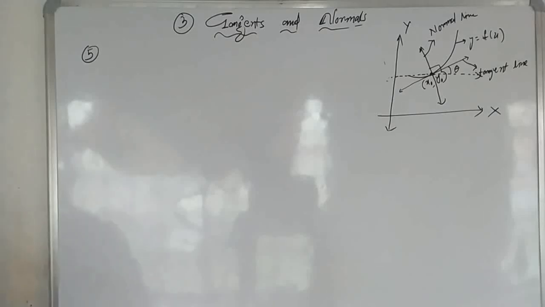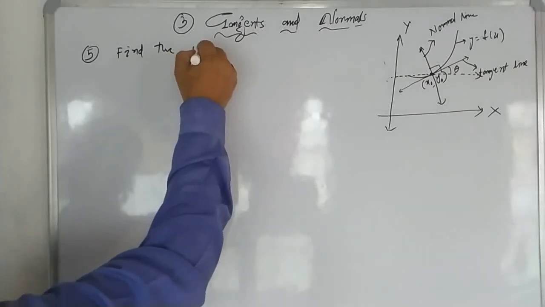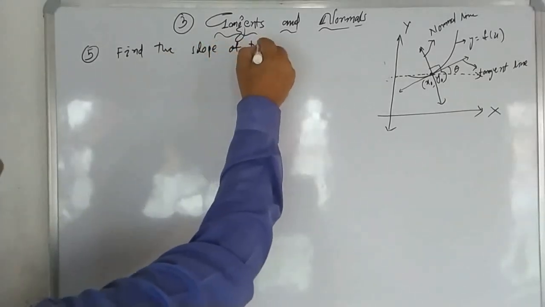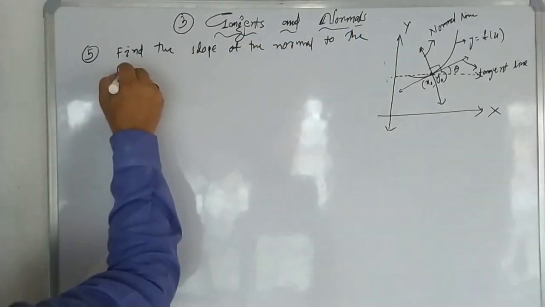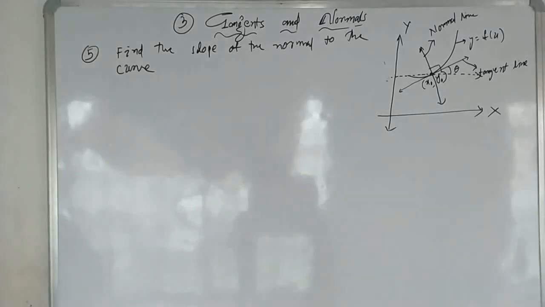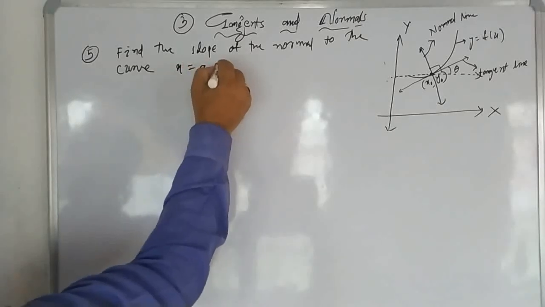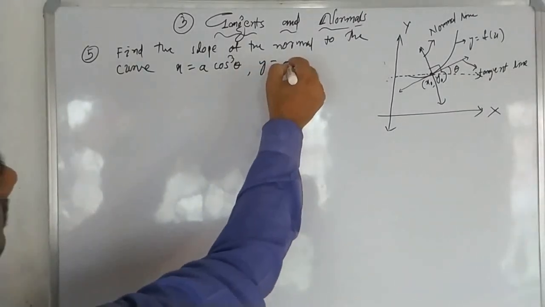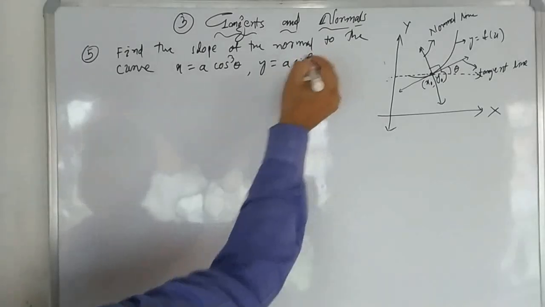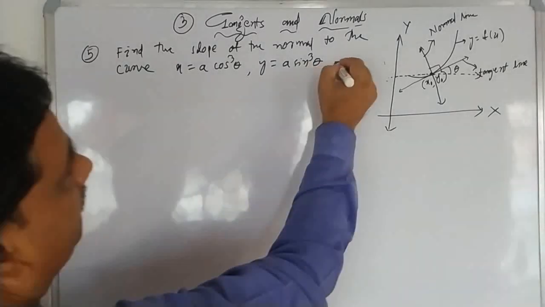Find the slope of the normal to the curve x is equal to a cos cube theta and y is equal to a sin cube theta at theta is equal to pi by 4.